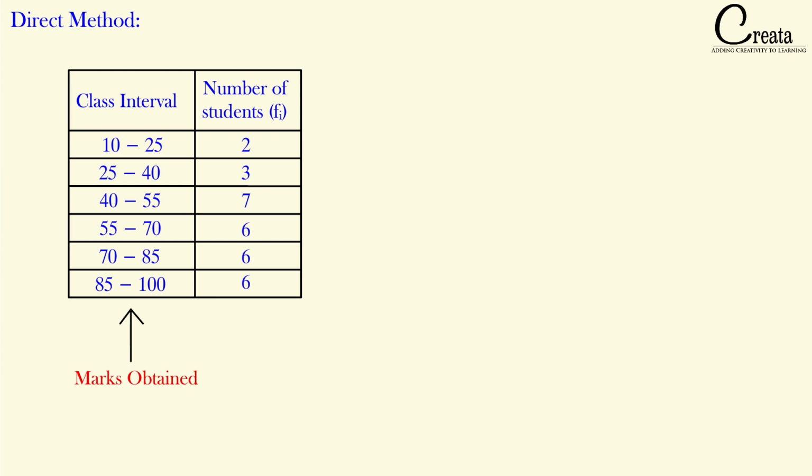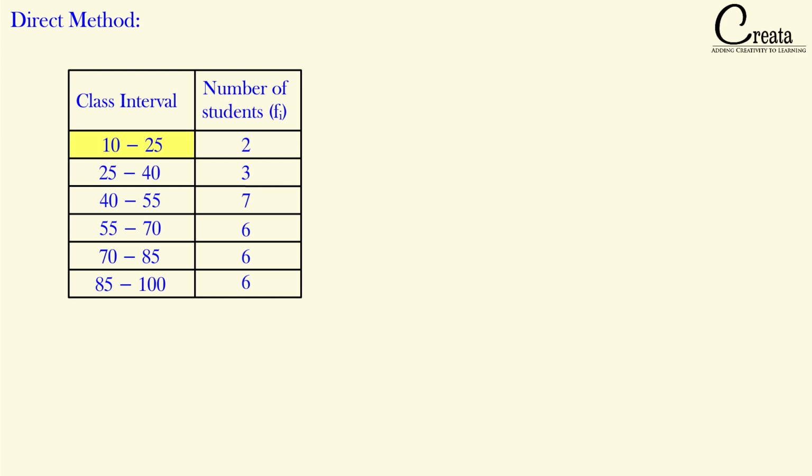What does it mean? For example, for the class interval of 10 to 25, if I ask you what the marks are in this class interval, we will say it is in the range of 10 to 25. We are talking about the range, but it is not the answer. My question is, for this range, what is the marks?